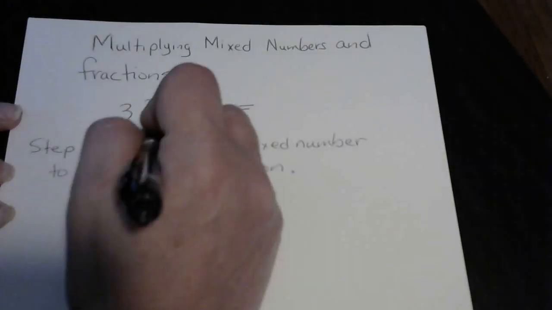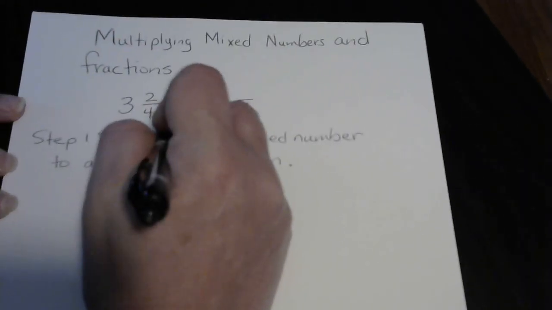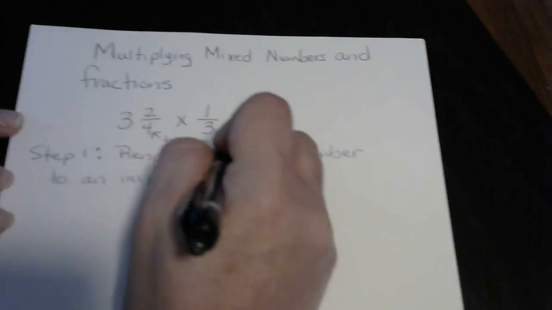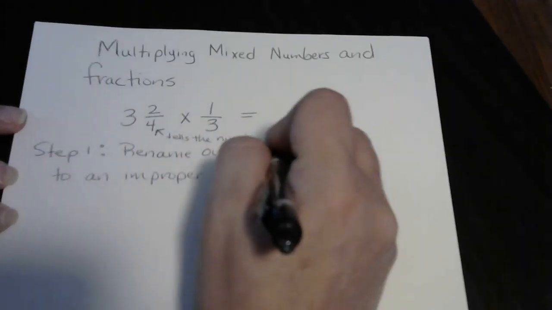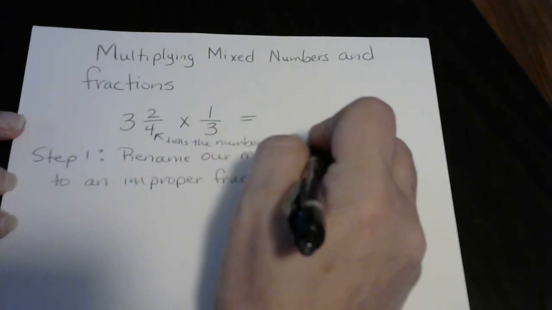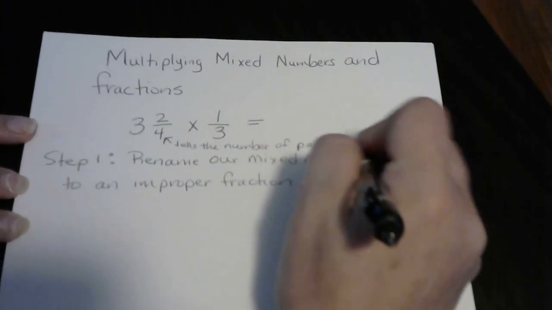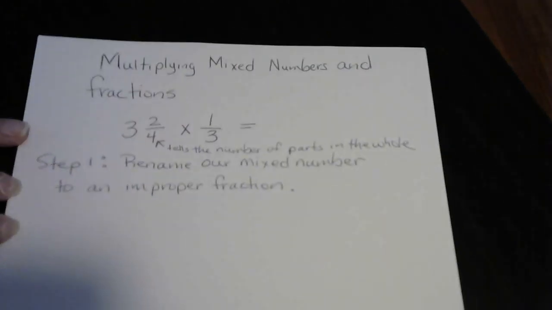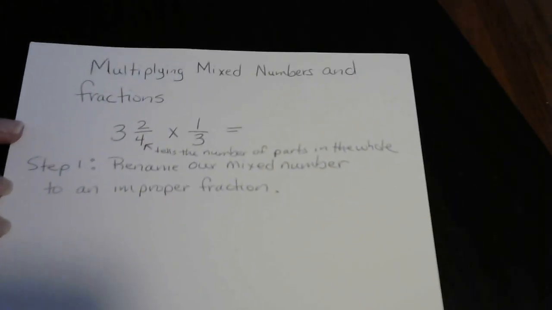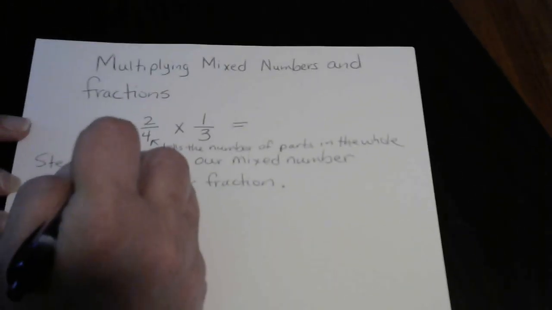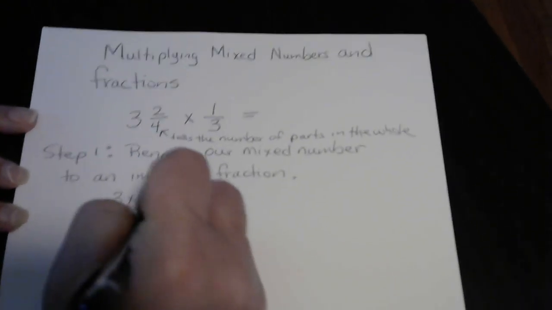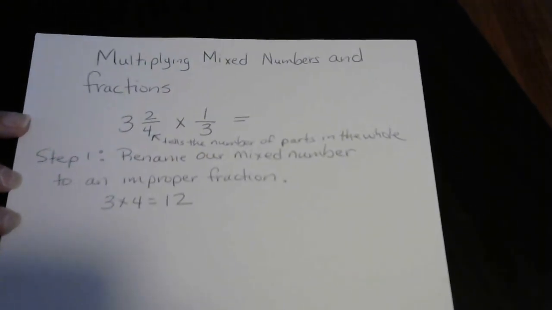Well, remember, the denominator tells the number of parts in the whole. So right now I've got 4 parts in each whole, but I have 3 wholes. So I'm going to say 3 times 4 equals 12.